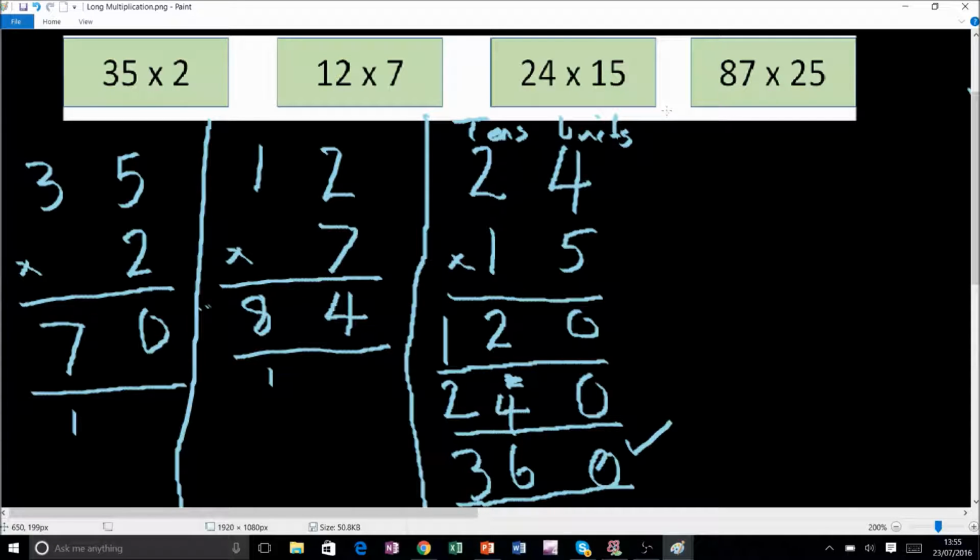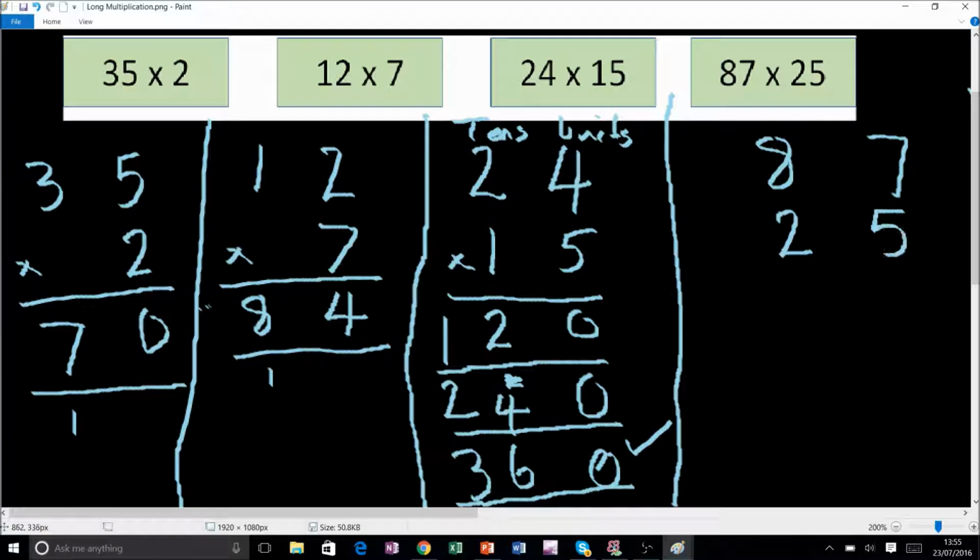Now we're going to look at the last one down here. 87 times 25. So we're going to have 87 and 25. Line there, line there, and a line there.